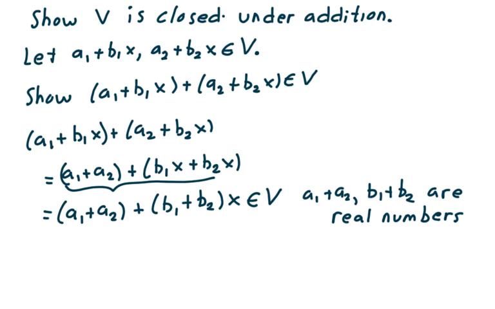Now, if we wanted to go over scalar multiplication, I would say let a plus bx belong to V and k be a scalar.